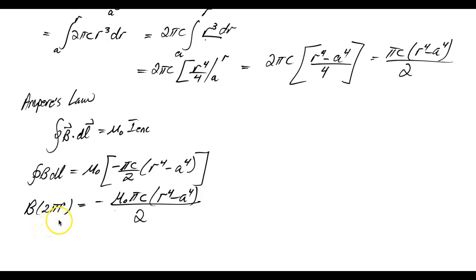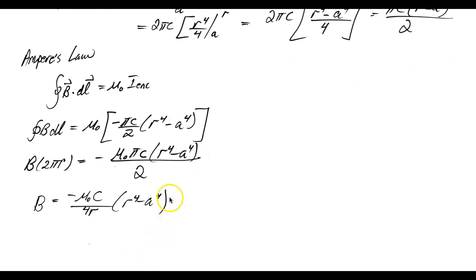And now if we solve for B, we get that B is mu naught c over 4r times r to the fourth minus A to the fourth.